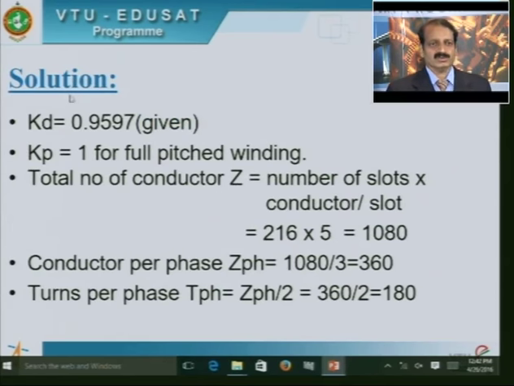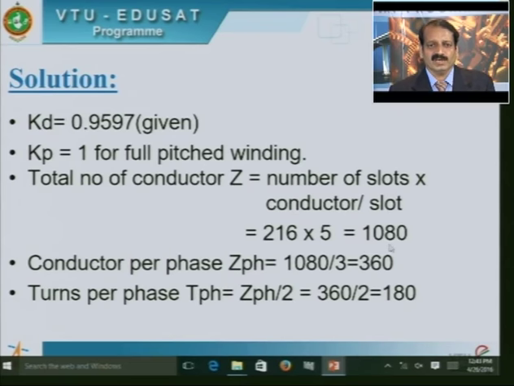So, let us see how to solve this. KD is given, which is 0.9597, Kp is 1 because the coils are full pitched. Total number of conductors Z is equal to number of slots into conductors per slot. So, we have 216 slots and 5 conductors in each slot.